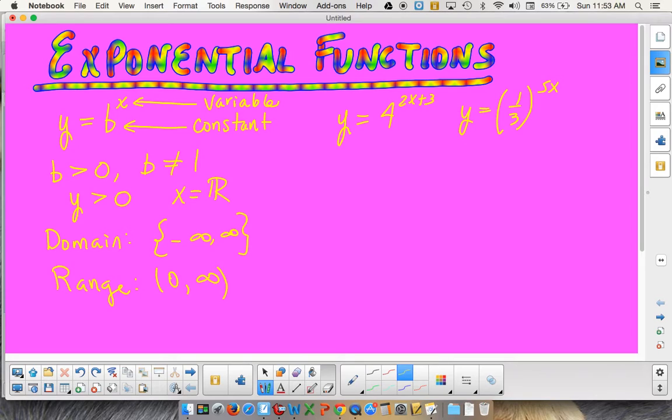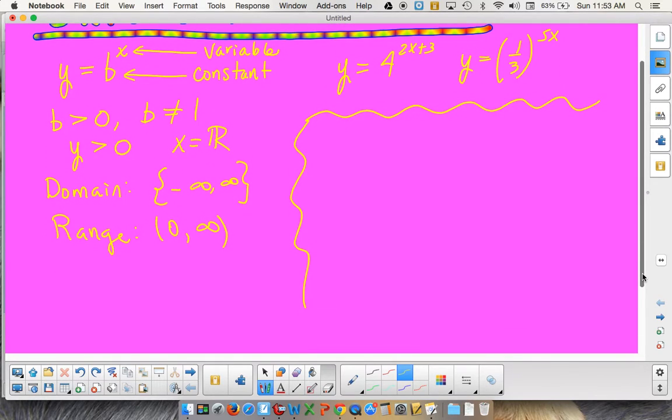Now, before we get hot and heavy into our exponential functions, though, I need to do a quick review with you about exponents in general. It's been a while, and I need to make sure everybody's on the right page, because it does make a huge difference. So, for example, I need you in this particular section to be able to look at 3 to the negative 2 and say, hey, negative exponents mean switch from top to bottom.